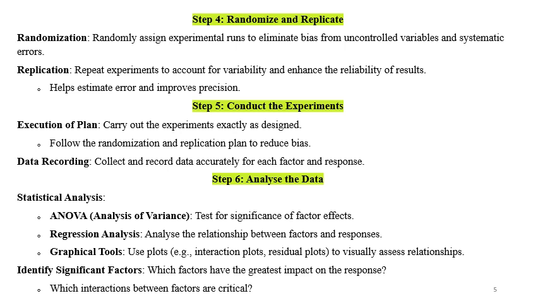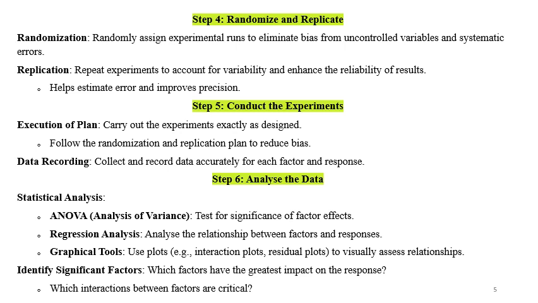Step number 6 is analyze the data. Statistical analysis involves ANOVA, regression analysis, and graphical tools. ANOVA is analysis of variance. Test for significance of the factor effects. So ANOVA, or analysis of variance, is for testing the significance of factor effects.